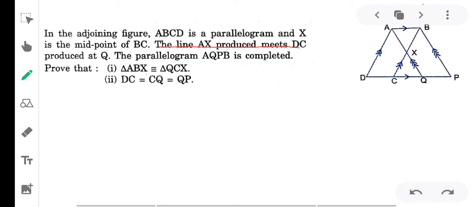If you see these two parallelograms ABCD and AQPB, they share the side AB. So we have to prove that triangle ABX is congruent to triangle QCX, and DC equal to CQ equal to QP.